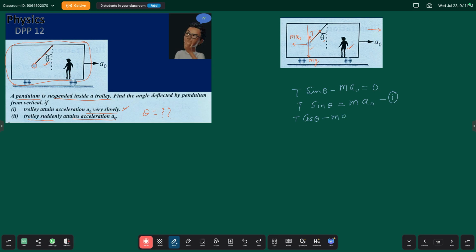In the downward direction, mg. This will be 0. So T cos theta will be mg. This is your second equation.